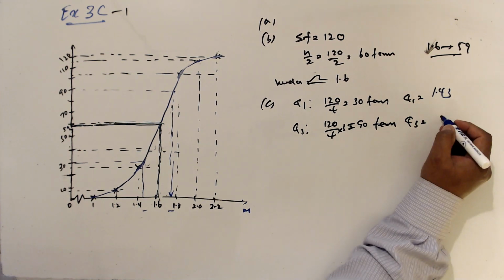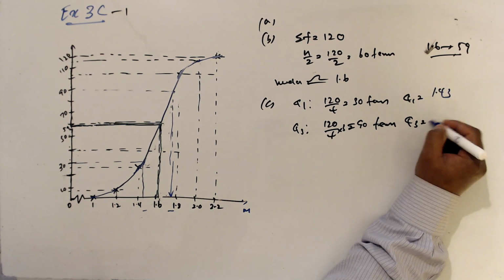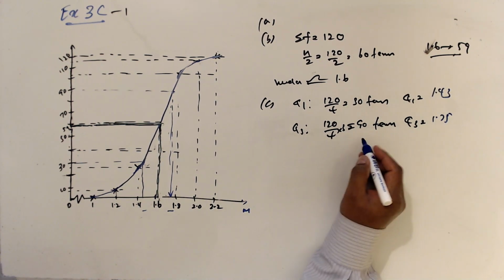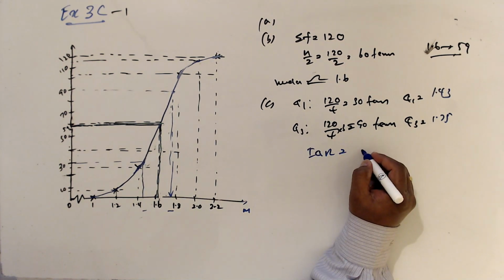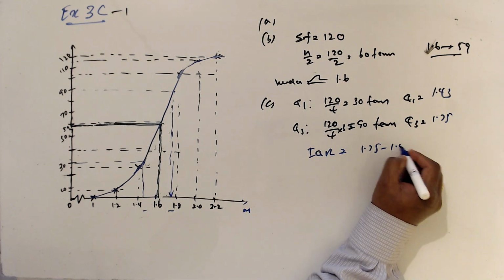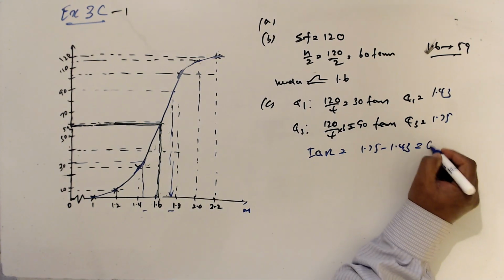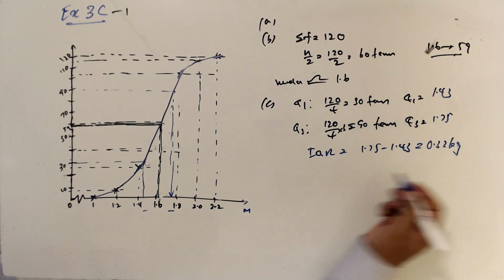So you will get approximately 1.75. Then the IQR is going to be 1.75 minus 1.43, that is 0.3 kg.